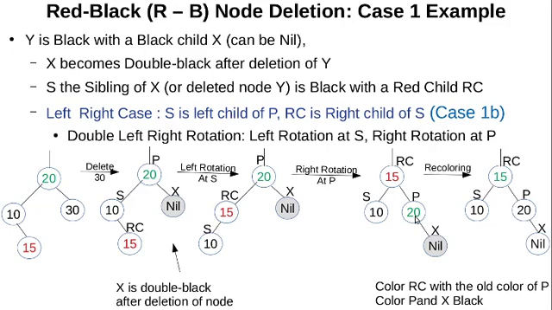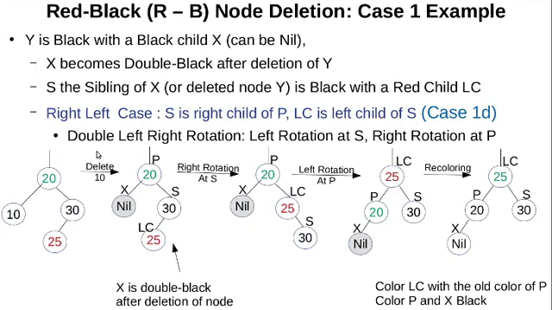P is colored black to compensate for the reduced blackness after deletion of black node 30. Now X is not required to contribute double black, hence it is colored black. The resultant tree is shown on the right and it satisfies all the red-black tree properties.